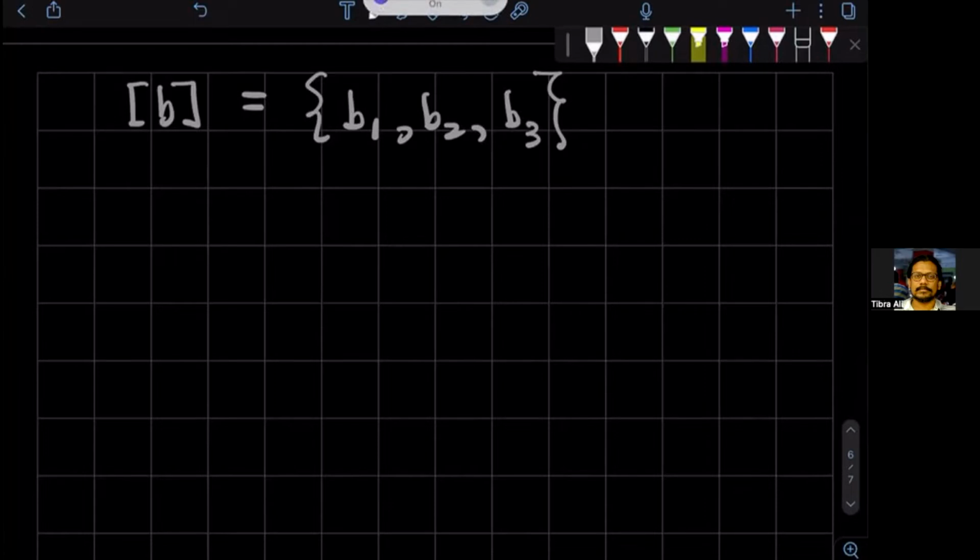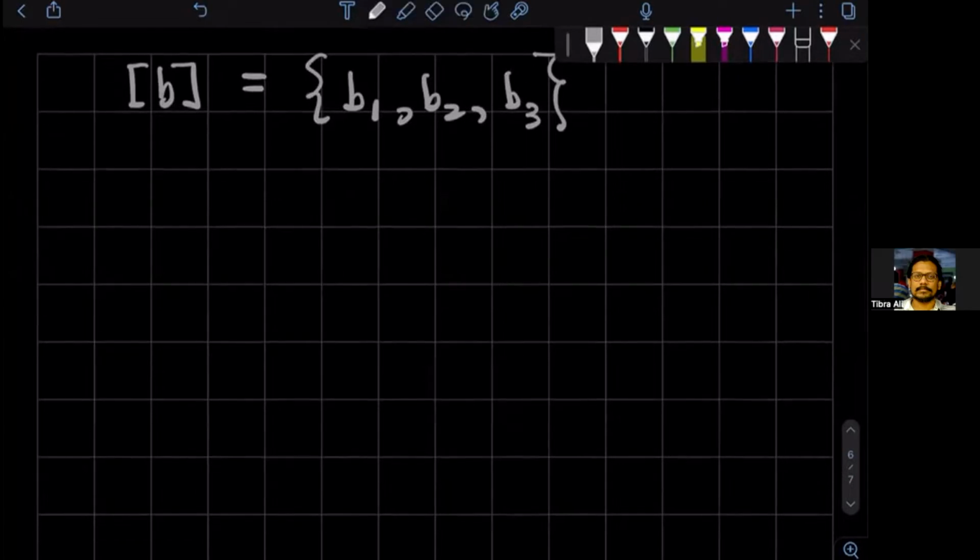All right, so we call conjugacy classes equivalence classes, right? So let's make a comment.